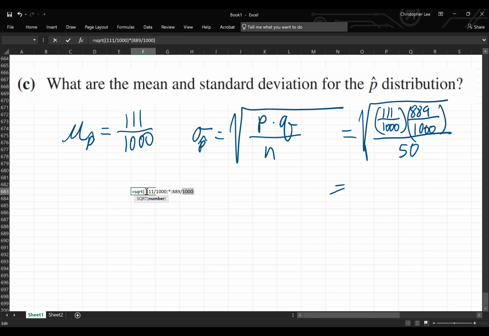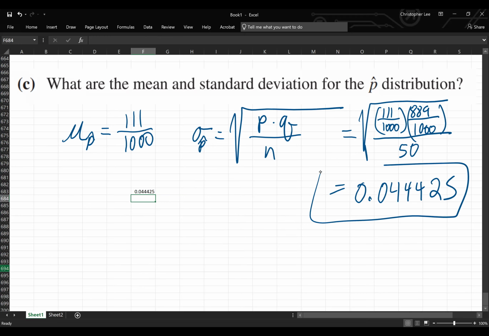Let's see if we get it now. Then divide by 50. So here's my answer: 0.044425. I know y'all could do it in your calculator, so I ain't even stressing that.